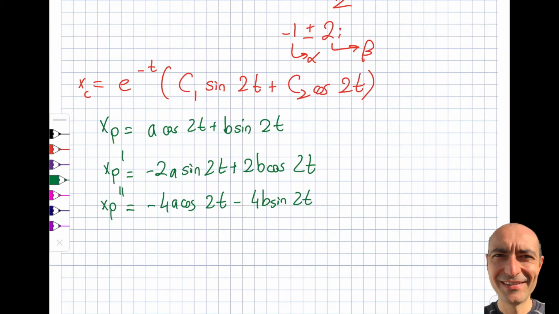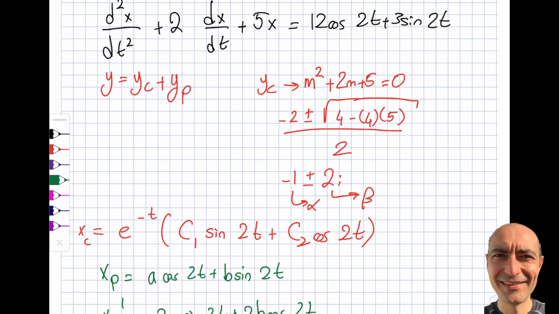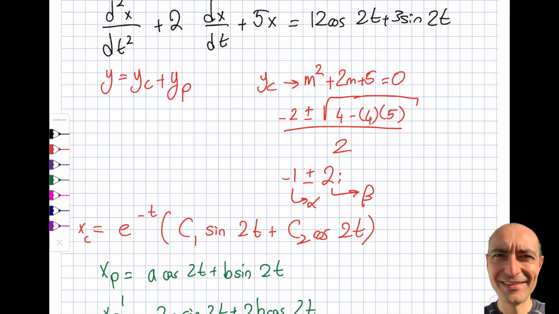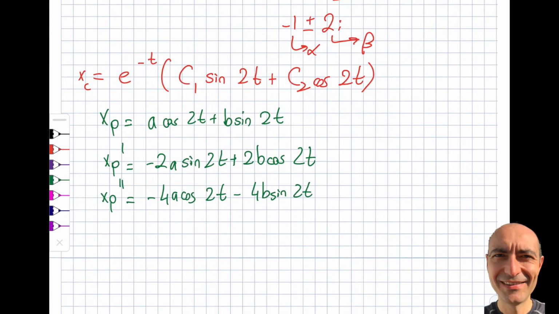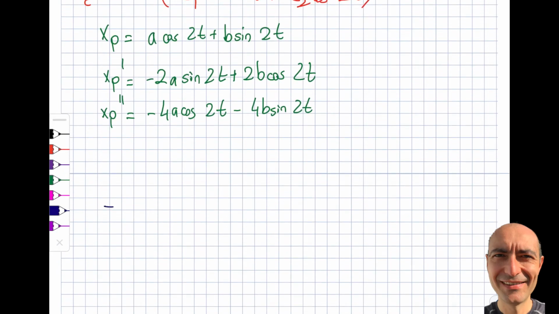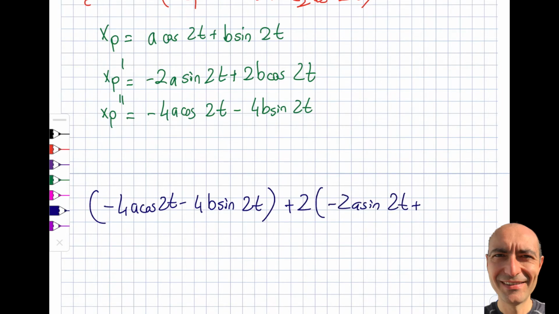Okay, so that doesn't look too bad now. If I go back to my equation, the first thing I'm going to do is insert this, and that is that. So let's simply rewrite this: minus 4a cosine of 2t minus 4b sine of 2t. That is the second derivative of this xp. And then I have plus 2 times the velocity, which was minus 2a sine 2t plus 2b cosine 2t.